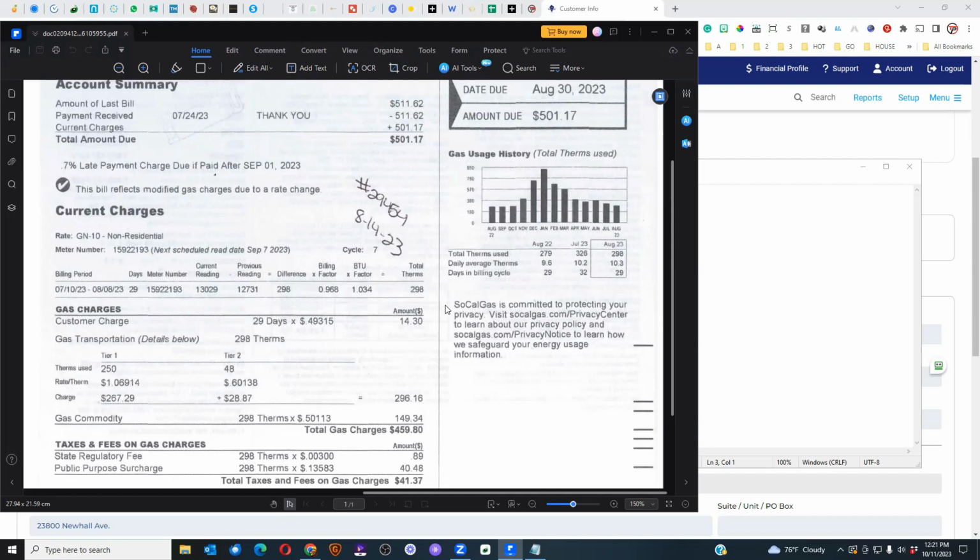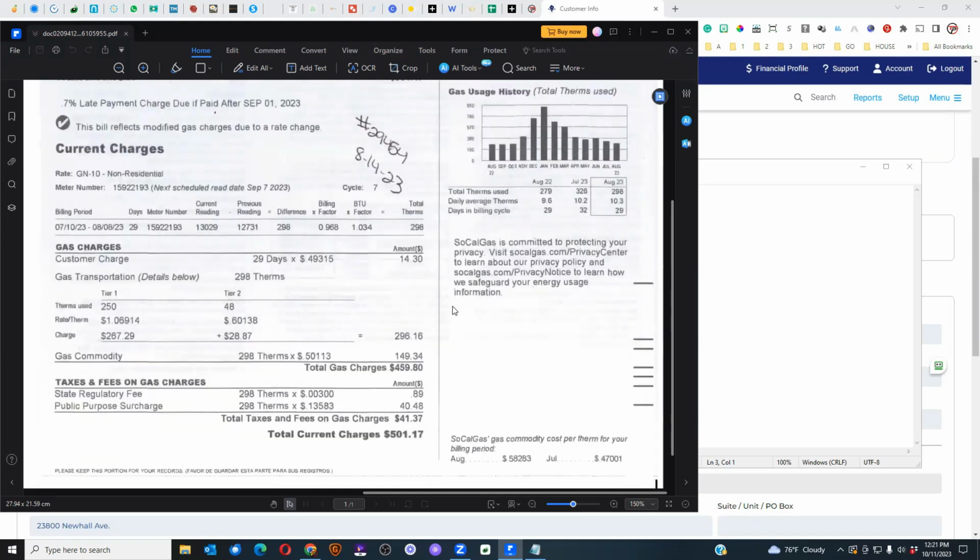But now let's figure out how much this customer is actually paying. If you look at this bill, most of the time when a customer looks at this, they see the customer charge over the last 29 days was 49 cents. But that's not really realistic.